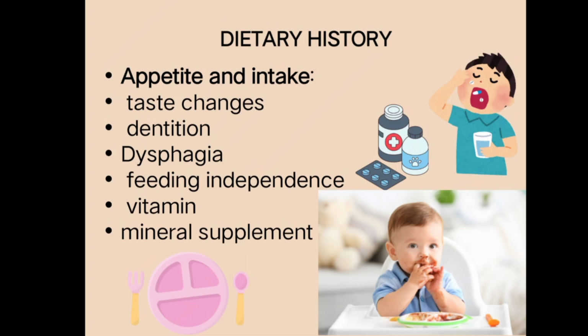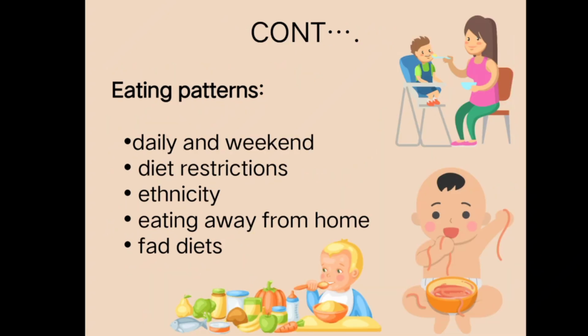Do you take any vitamin or mineral supplement? We ask the children as well as the caregiver regarding the dietary history. Mainly we check their calorie, fat and carbohydrate levels, and by assessing these levels we correlate them with the recommended dietary allowance. That is the dietary history.